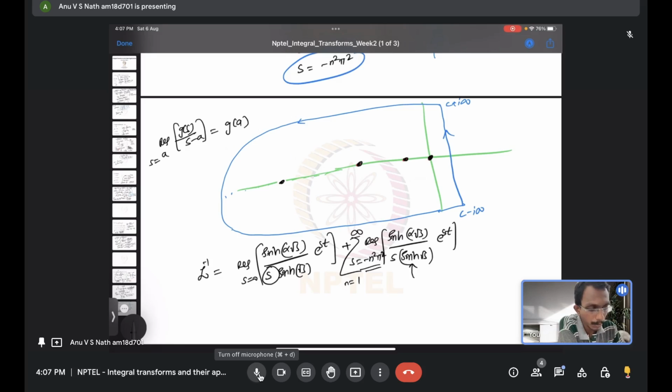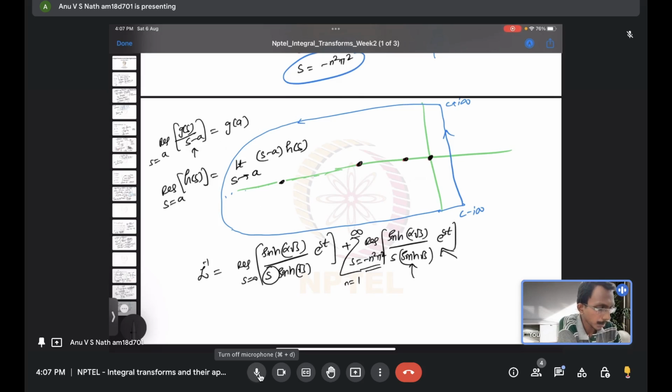Here it is not explicitly written in terms of s - a. It's written as a general function, let's say h(s), which has a simple pole at s equal to a. Then what you have to do is multiply h(s) by (s - a), and taking the limit s tending to a is going to give the residue. That's what you can apply here for all values of s equal to -n²π².